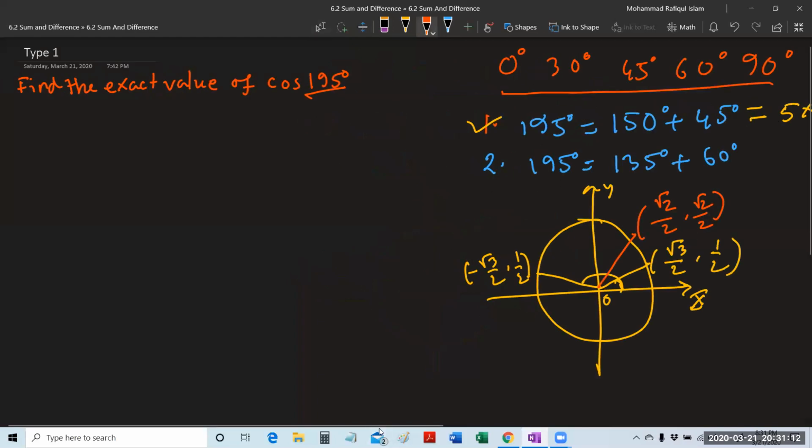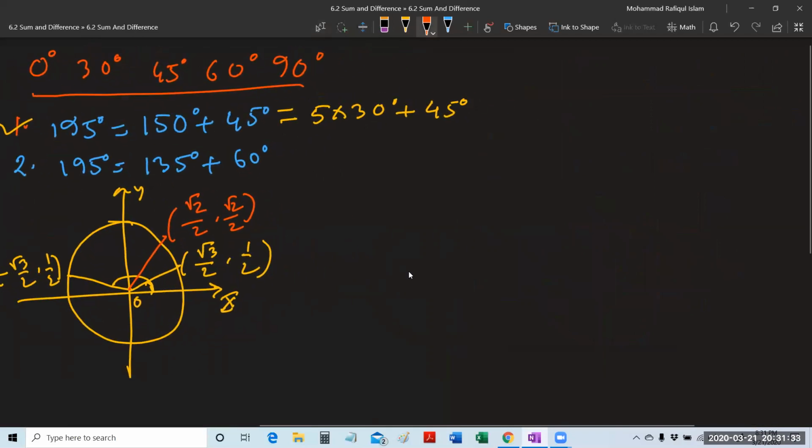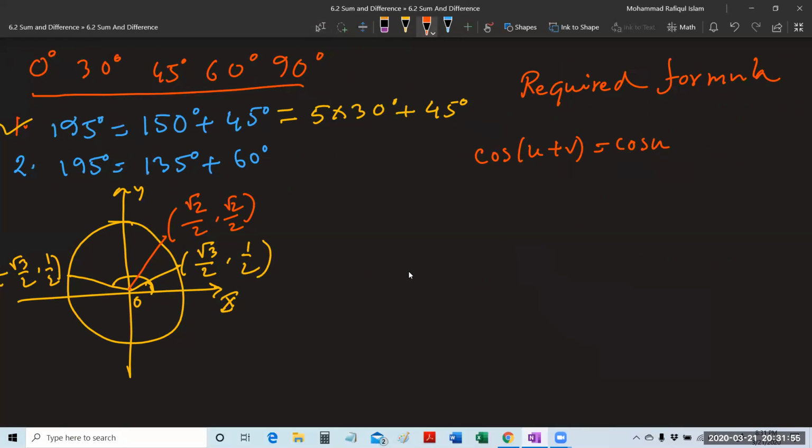So cosine 195 degrees equals, we'll use this formula: cosine of u plus v equals cosine u cosine v minus sine u sine v.